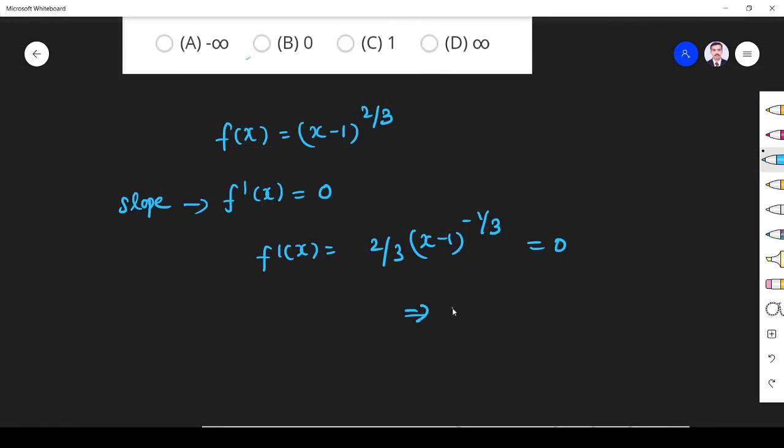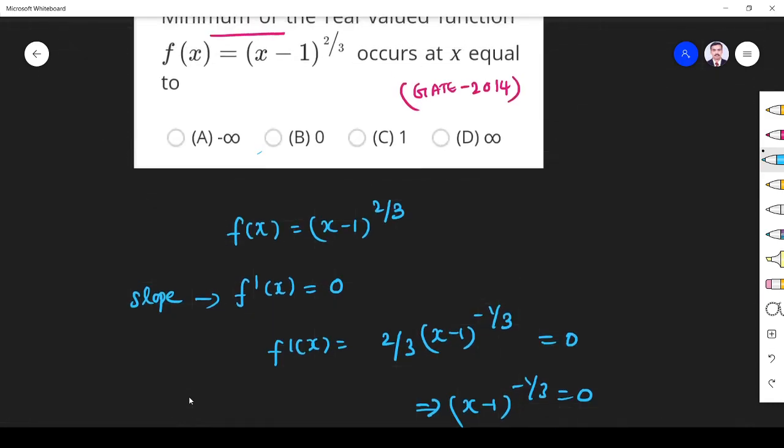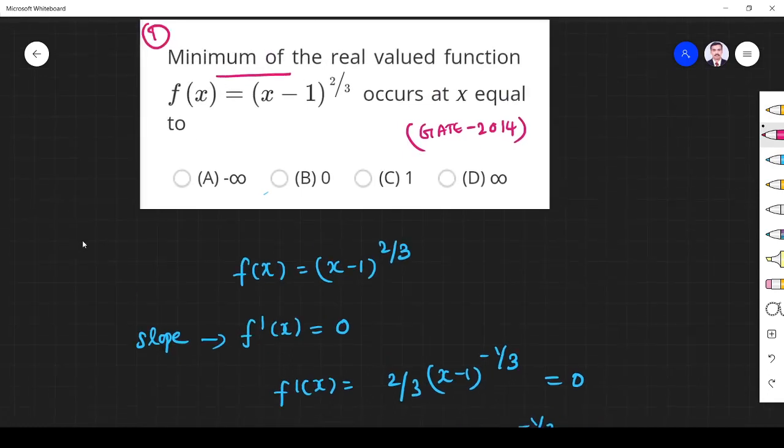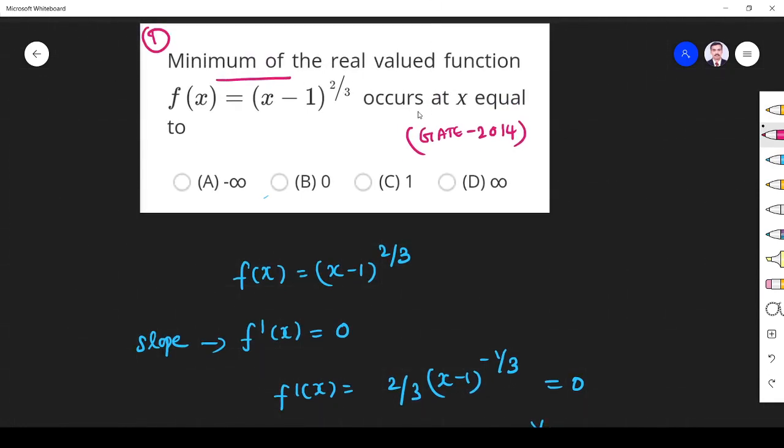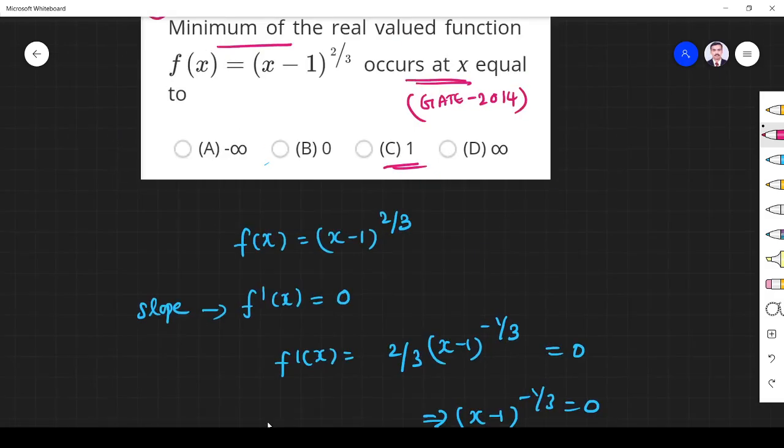So this indicates (x minus 1) to the power minus 1 by 3 is equal to 0. This means x is equal to 1. So this is the location of x where the function becomes minimum. The minimum value of the function occurs at x equals 1. So the answer is x equals 1, option C.